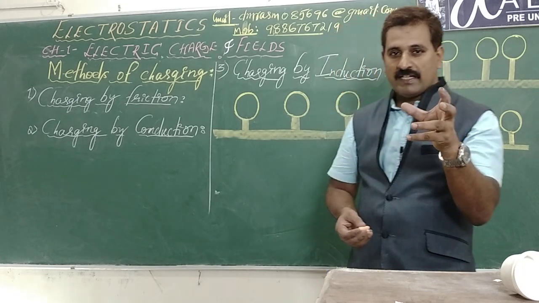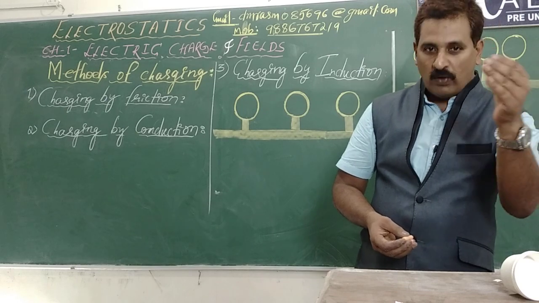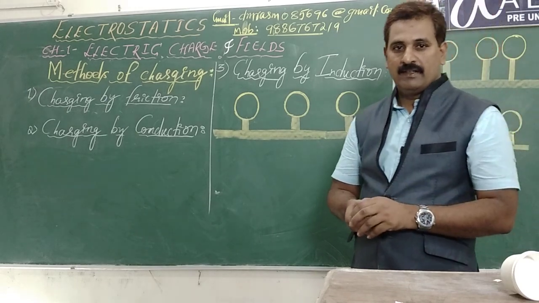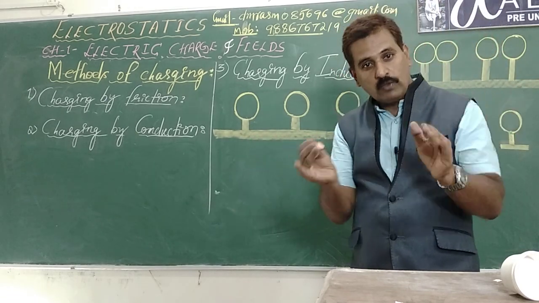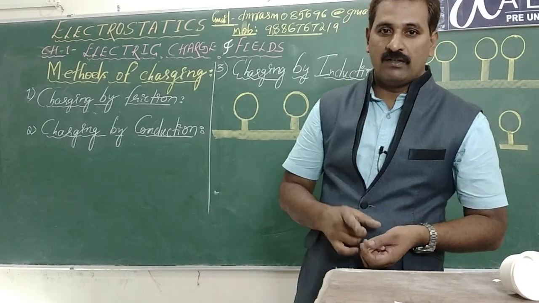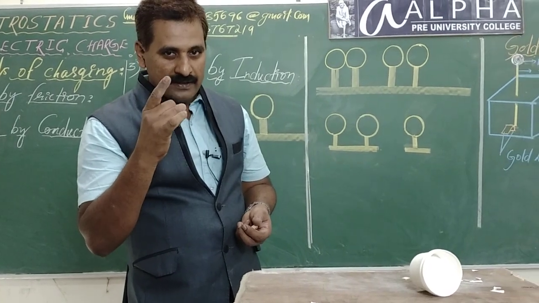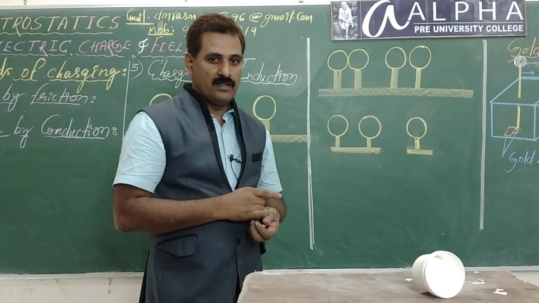If you supply energy, electrons get transferred from one atom to another, meaning from one substance to another substance, producing charge in both the substances. The substance which loses electrons gets a net positive charge.